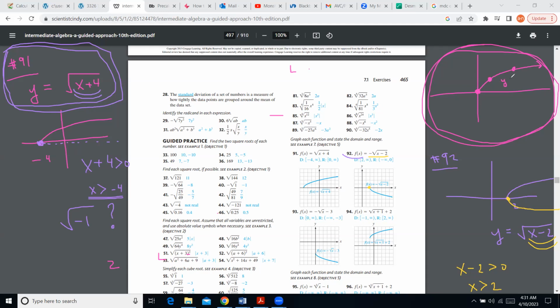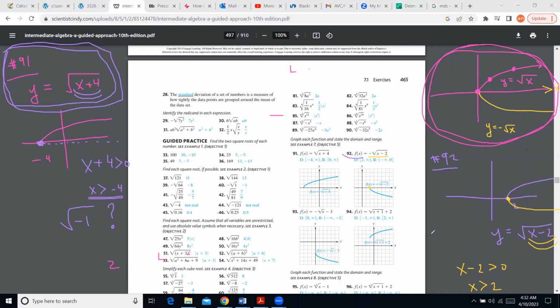Like say here, if you have a square root of x, then when you attach a minus to that square root, you're going to get this graph mirrored through your x-axis. So that's another interesting observation that I just made.